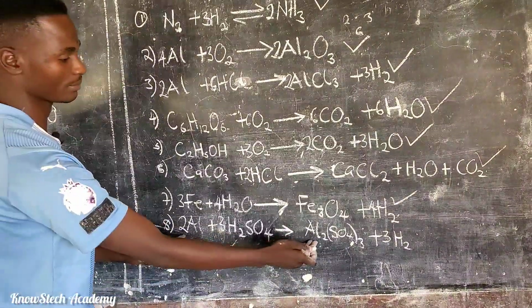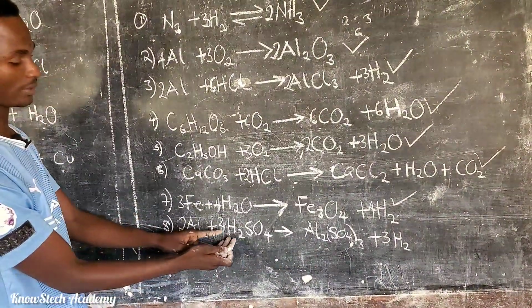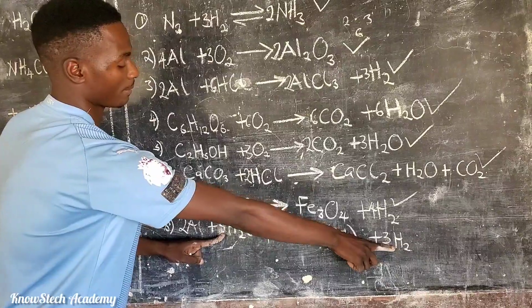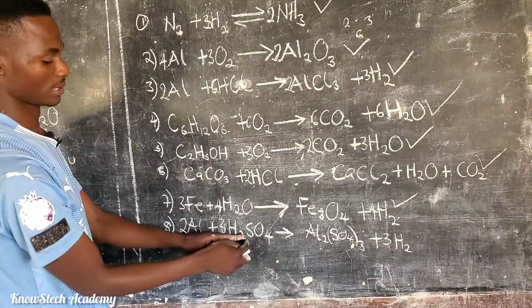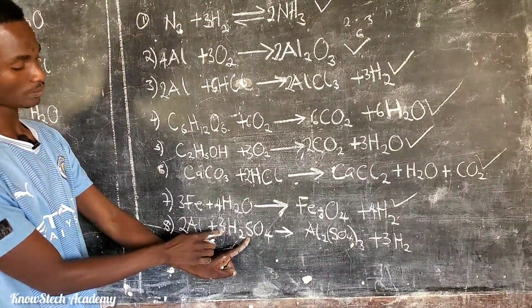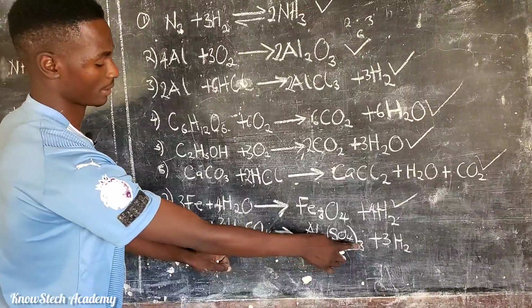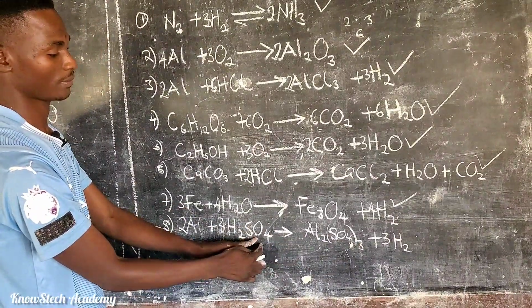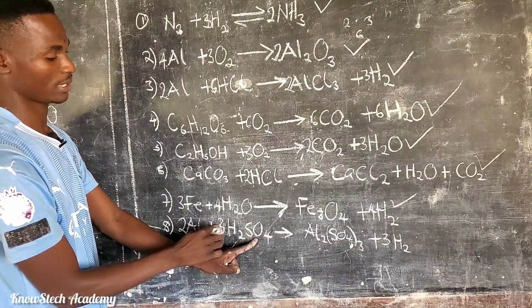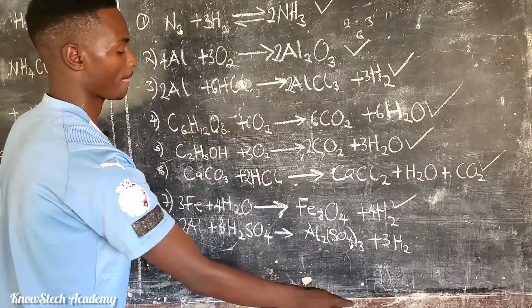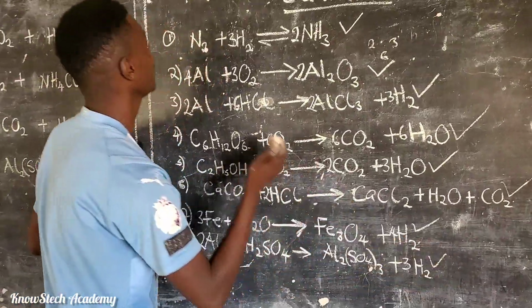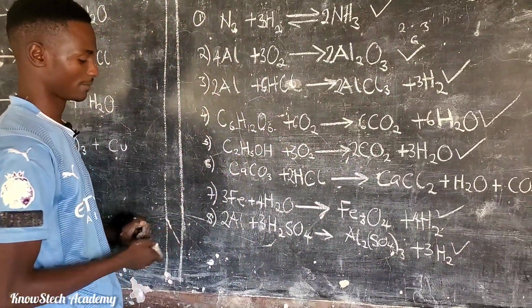Aluminum 2. Hydrogen 6, hydrogen here 6. What's next? Sulfur 3, sulfur here 3. Oxygen 12, because of this, yes. Even here oxygen 12.